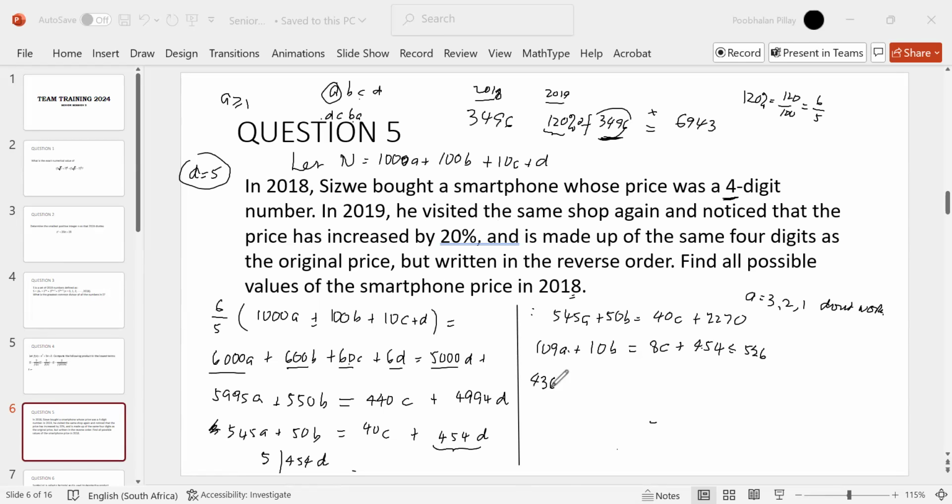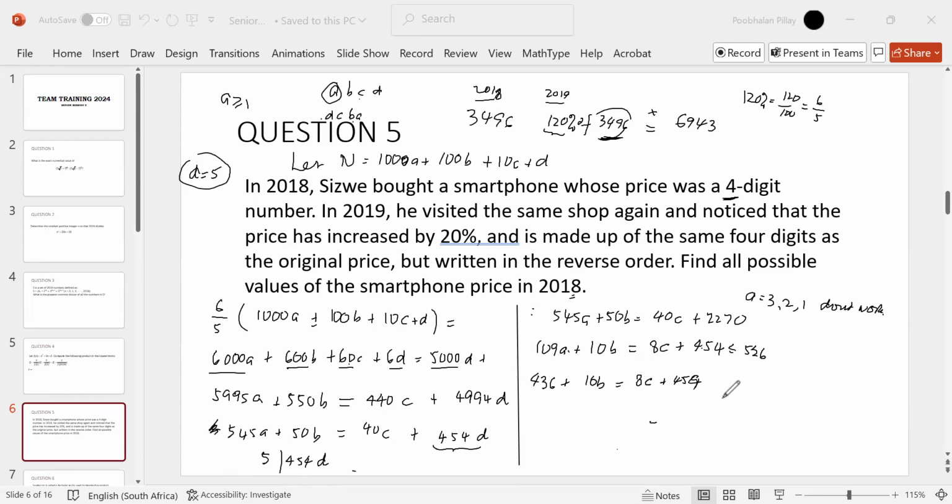You get 436 plus 10B equals 8C plus 454. All right.